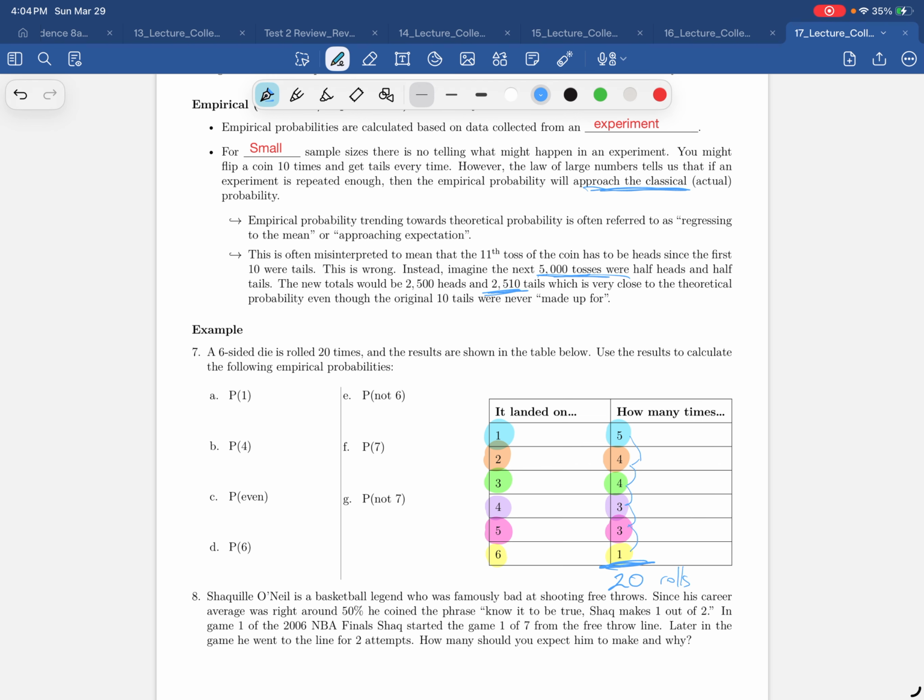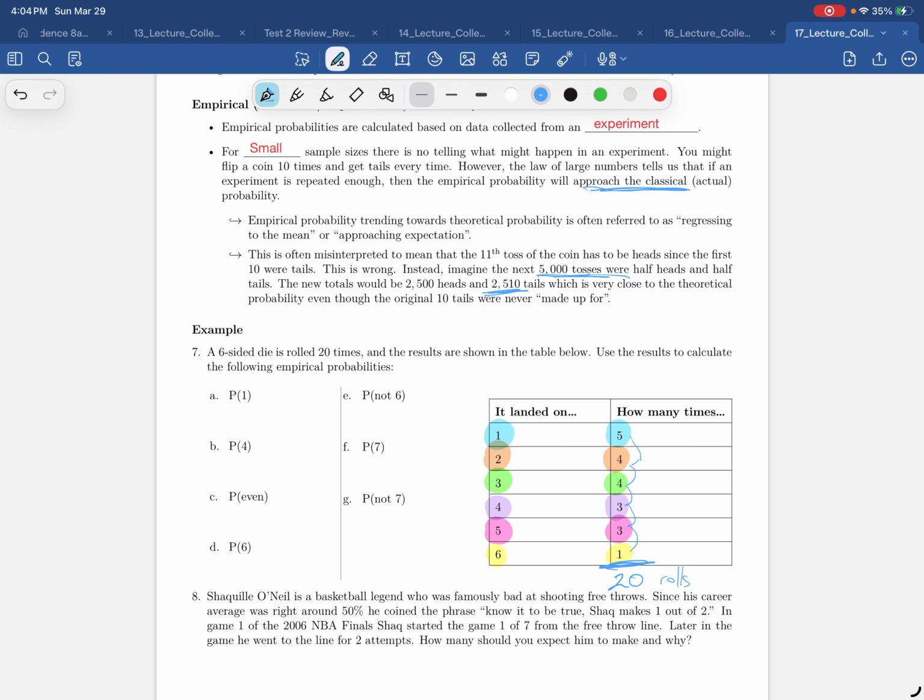Find the probability. Use the results to calculate the following empirical probabilities. Notice that this doesn't say theoretical probabilities. We know the probability of rolling a 1 theoretically is 1 out of 6, or about 0.166 repeating, about 16 to 17%. That's theoretically speaking.